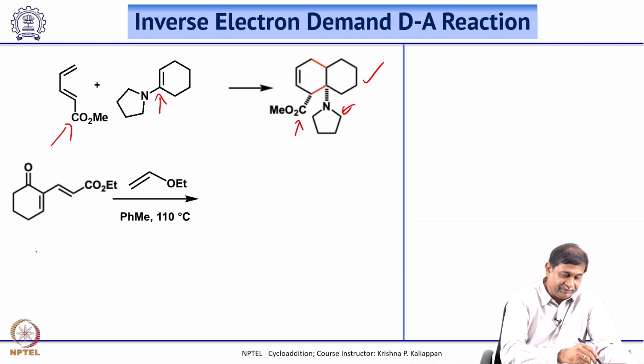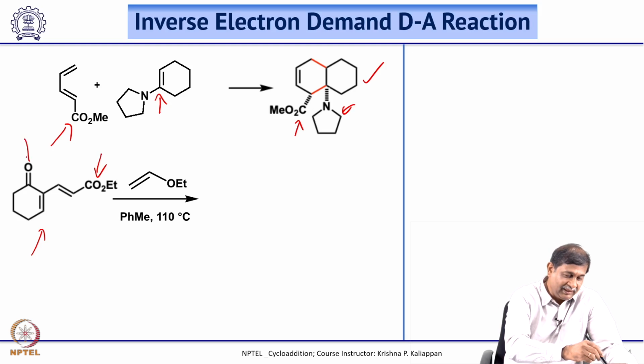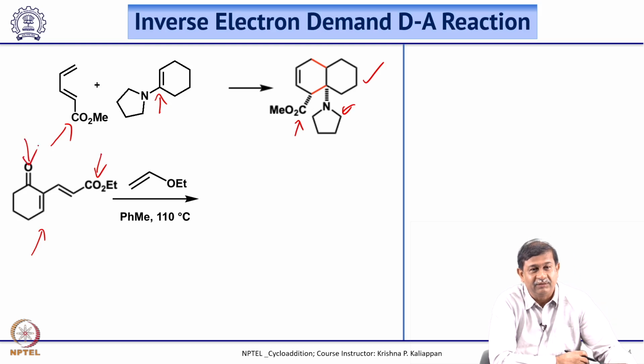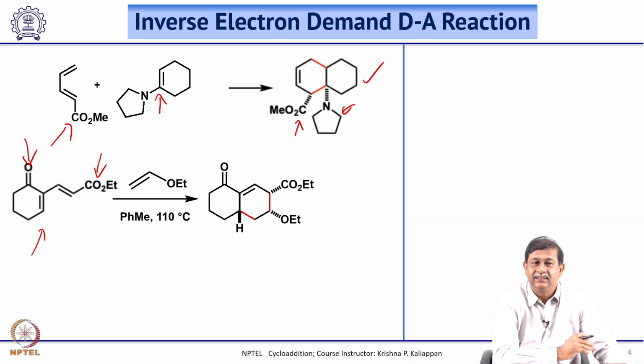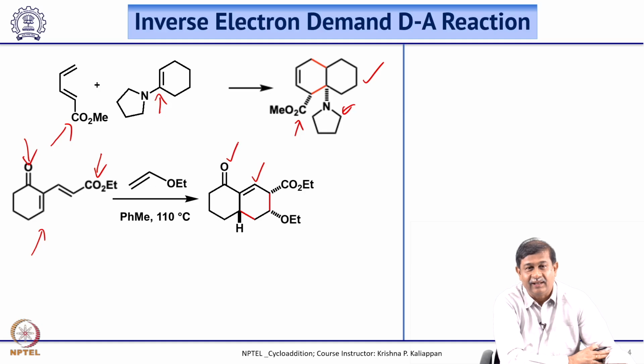And look at this example. This example has one ester group at carbon number 1 and a carbonyl group at carbon number 3. This upon 4+2 cycloaddition reaction, obviously an inverse electron demand Diels-Alder reaction, can give another tetraline system. What is important is that in this tetraline system you also have an alpha beta unsaturated ketone.